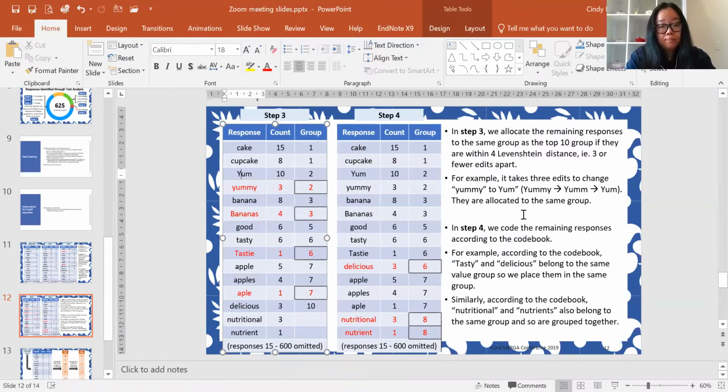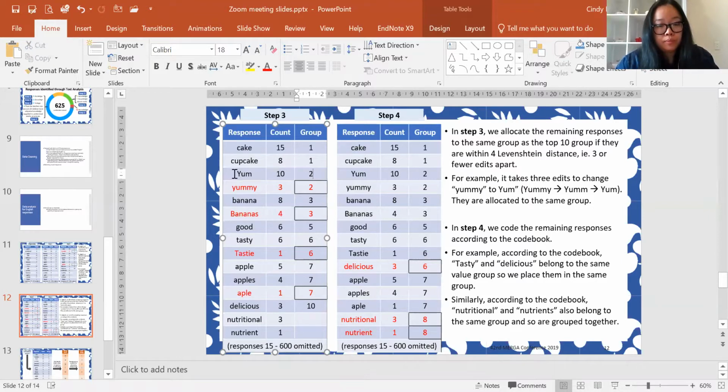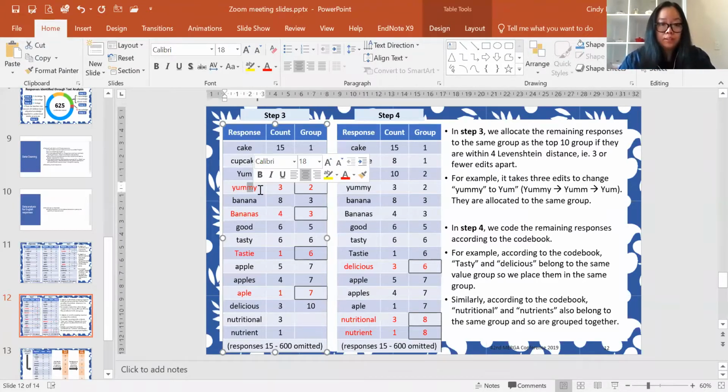These edits can be capitalization, adding a letter, deleting a letter, or changing a letter. For example, yum was in our group 2. It had a count of 10. When the algorithm searched the remaining responses, it picked up yummy. The first change would be changing the capital Y to lowercase. Then it adds another M, then it adds another Y. So this is within 3 Levenshtein distance, and they will be allocated to the same group.